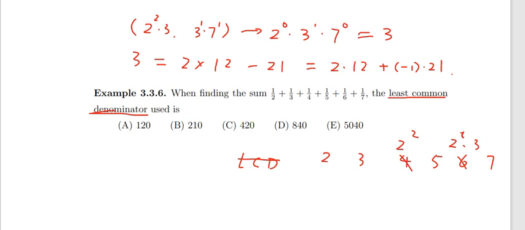So we just check 2. We say the highest 2 exponent is 2. Then for 3, the largest exponent is 1. Then 5, 1. Then 7. Right. So this is the common multiple.